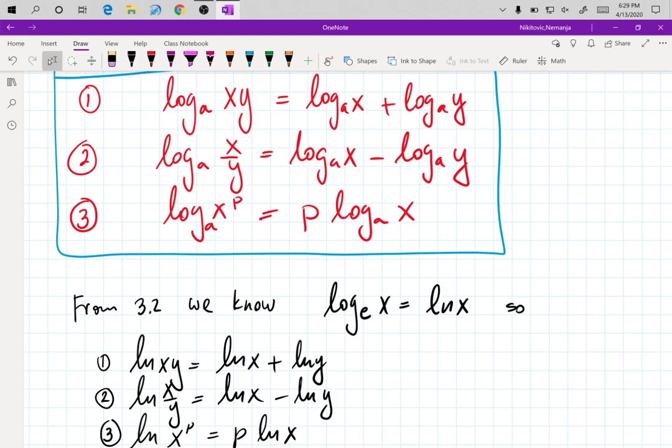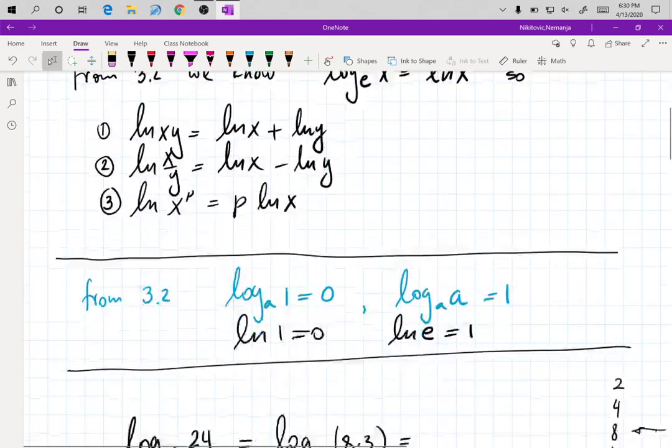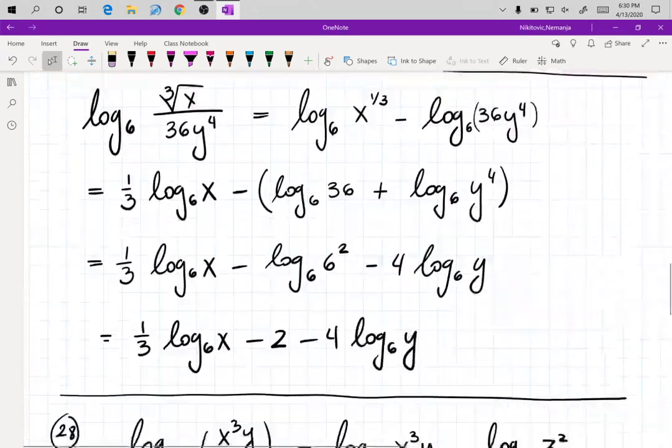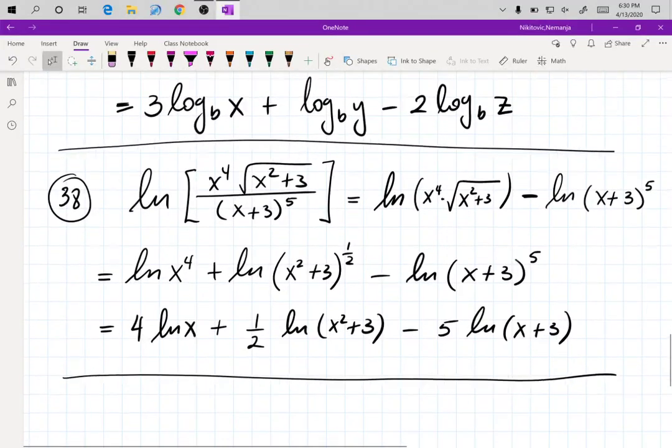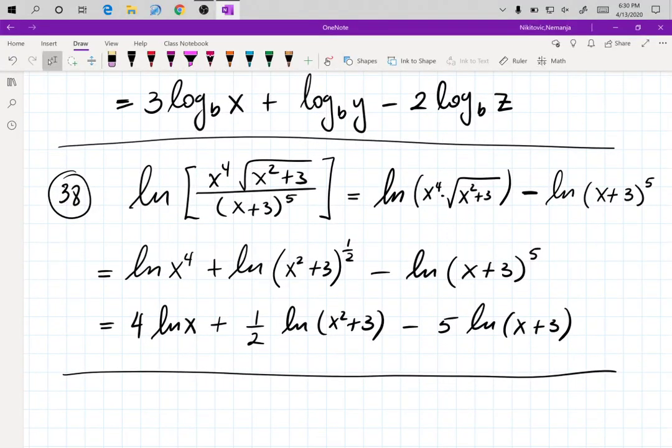So you use them, whatever rules you have to use, until you reach the point where you have only log of a single quantity that you cannot break apart anymore. So now for the first time we had this x squared plus 3 that cannot be factored over real numbers. Therefore, we are not going to break that anymore. We're just going to leave it right there.